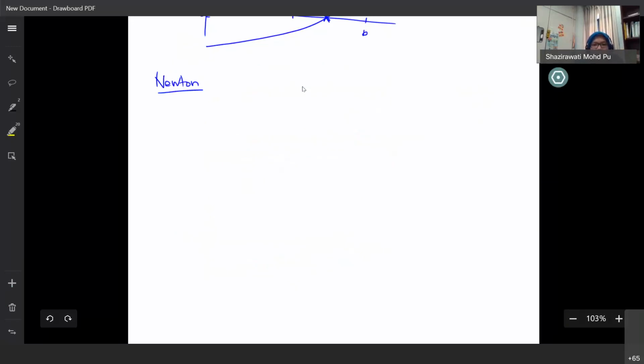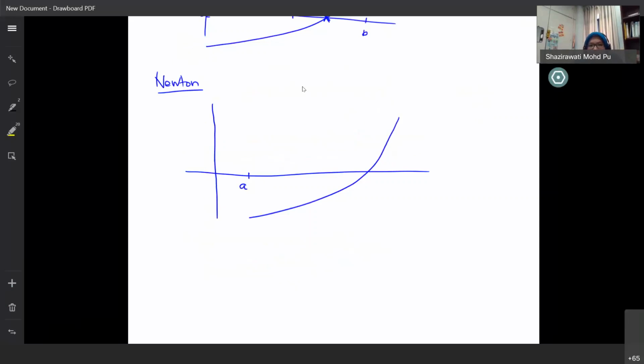Now in the Newton-Raphson, the same graph. Let's say this is your A, your left limit, and somewhere here is your B. As I mentioned just now, in Newton you don't really need A and B. You only need one value.